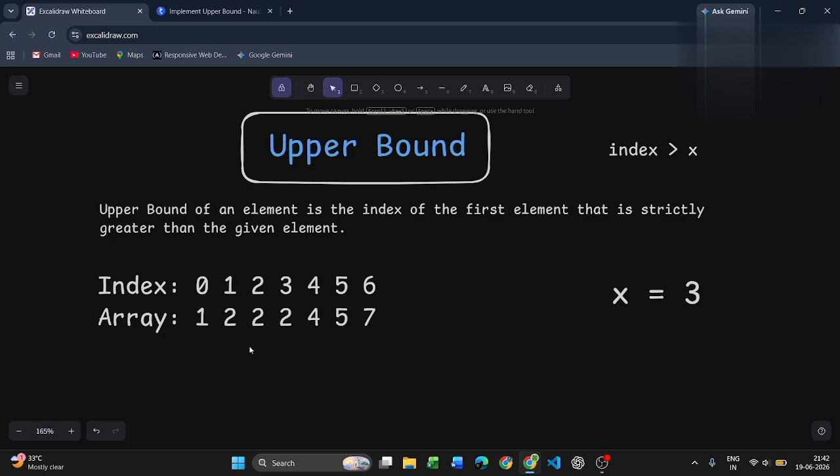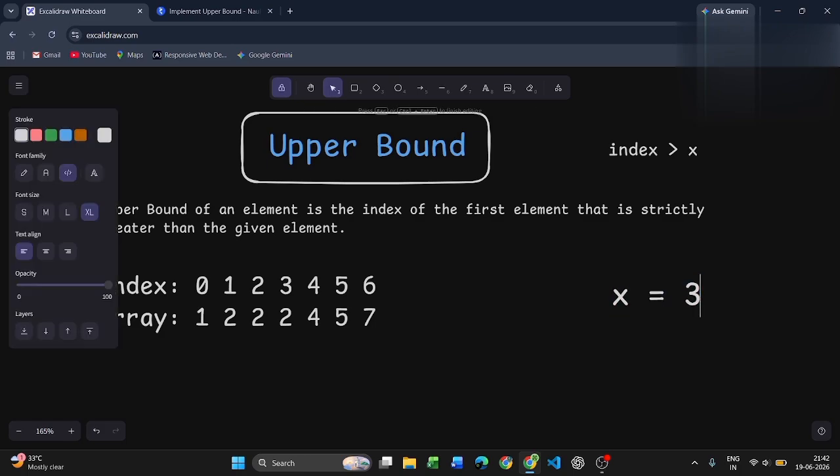Let us check the upper bound for 3. Is 1 greater than 3? No, it is not. Is 2 greater than 3? No, again it is not. Same for all the rest of the 2s. Now we move to the 4. Is 4 greater than 3? Yes, it is. So we can return the index of this element, which is again index 4.